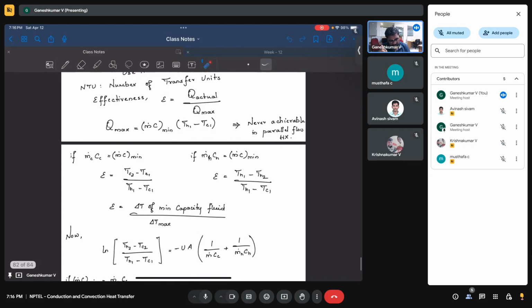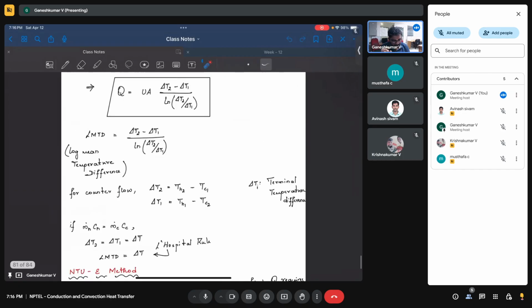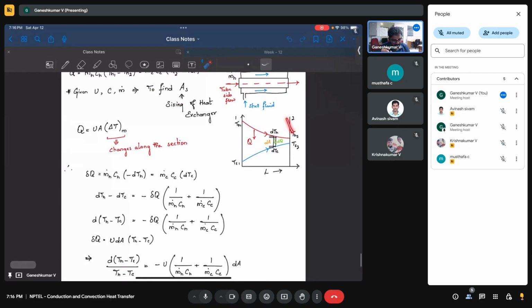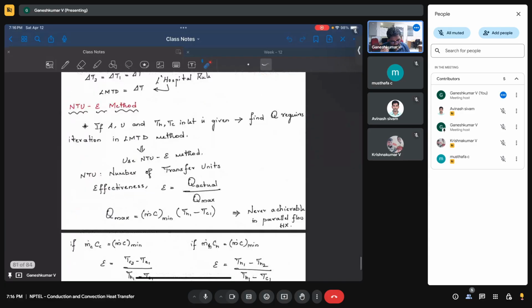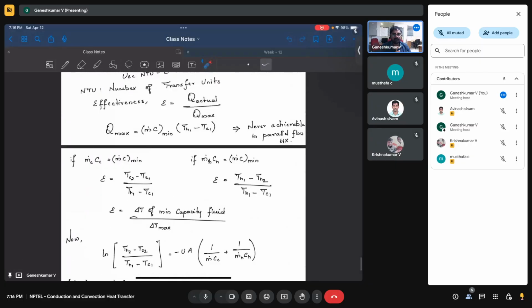Okay, and this Q max you can never achieve in a parallel flow heat exchanger at all. So think about why you cannot achieve it. If you look at this figure, you will be able to understand this. Now, however, in counterflow, effectiveness can be one and you will be able to achieve it, but because of practical reasons, you won't be able to reach epsilon equal to 1.